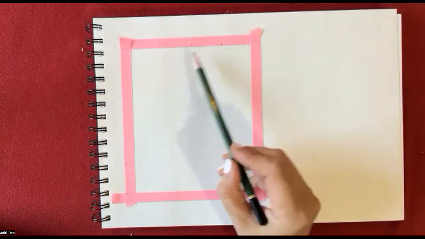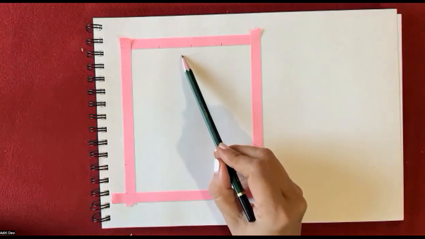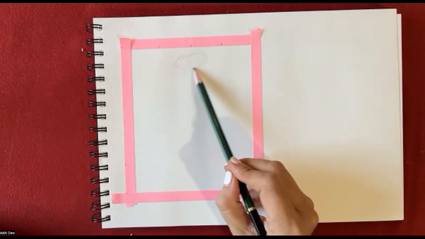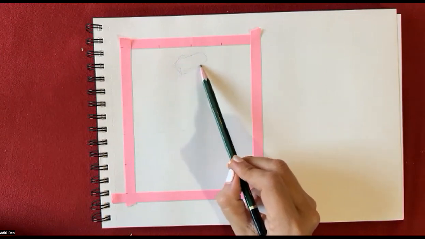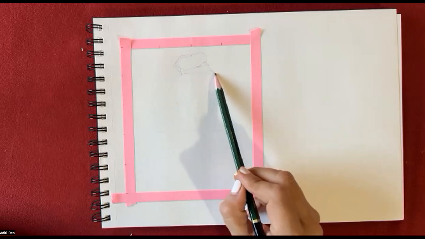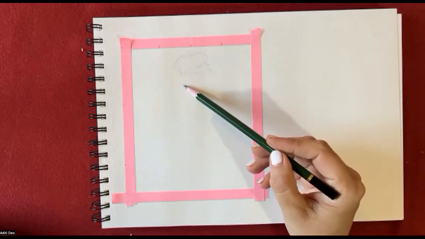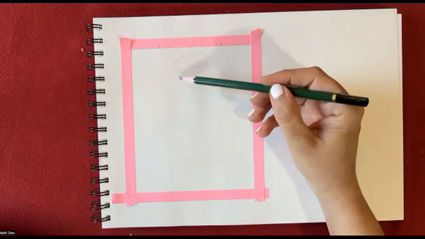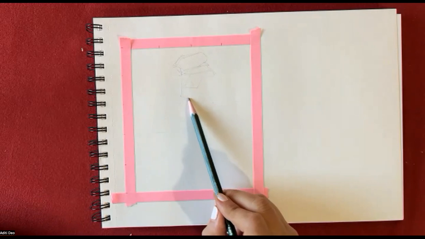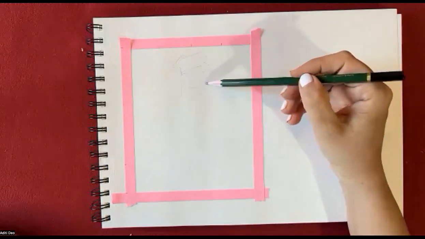So according to the screenshot, I have the cap in this section about so big. And make these lines fairly loose. Don't make them too firm. Avoid making any details right now. Just make the outlines of shapes according to the proportion that you see.